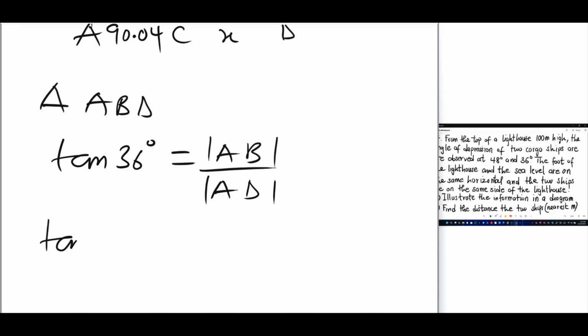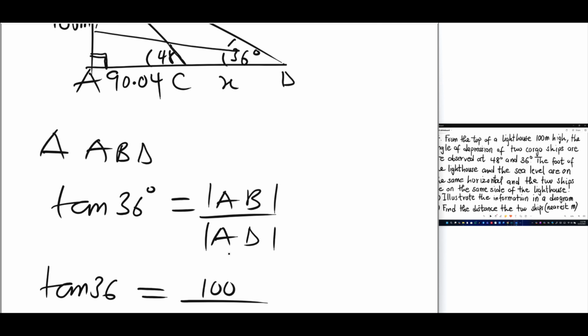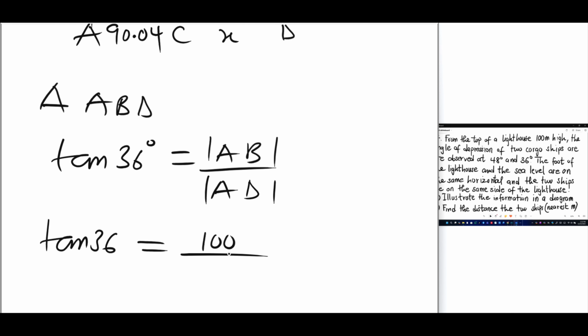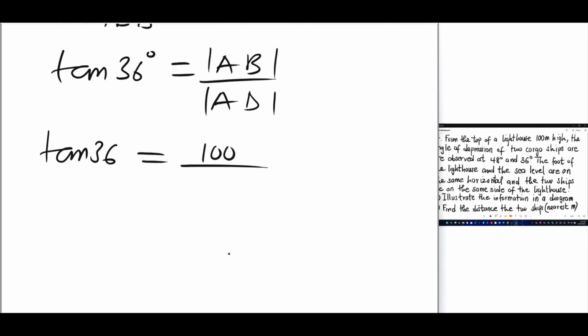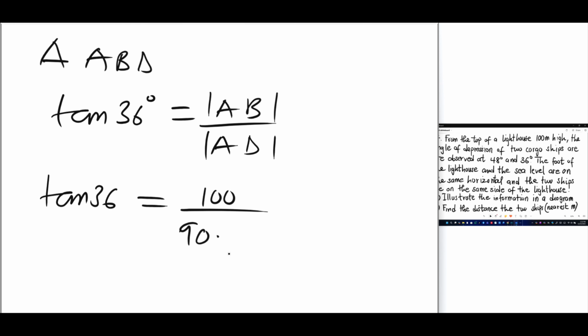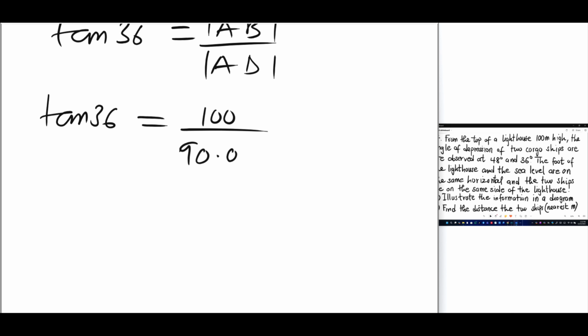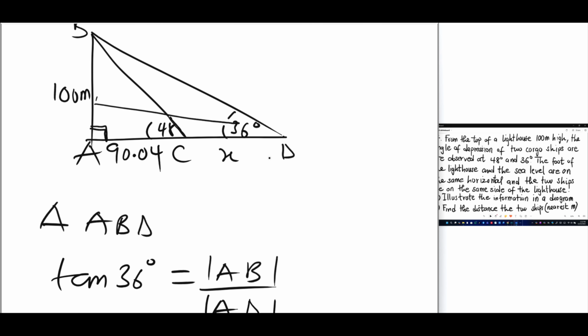So we have tan 36 is equal to 100, this is the opposite, divided by AD. But you can see that the AD comprises of AC and CD. So we know our AC to be 90.04 plus CD, which is X. Let's go back and look at it.